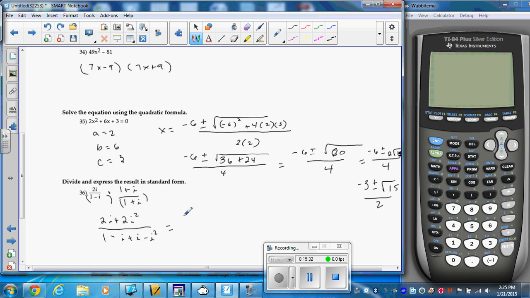So this is going to simplify. This i squared becomes negative 1, so it's negative 2 plus 2i, because it's standard form. And in the bottom, these two cancel, and this becomes positive 1, so it's 1 plus 1 over 2. So we do need to cancel out those 2's.